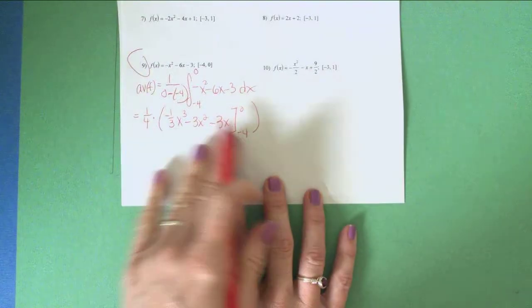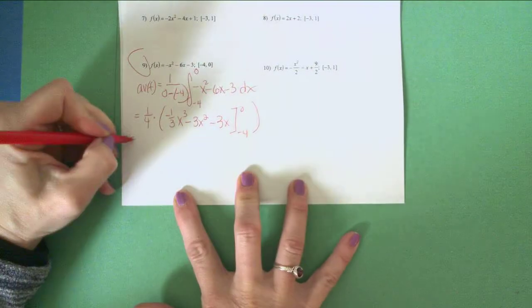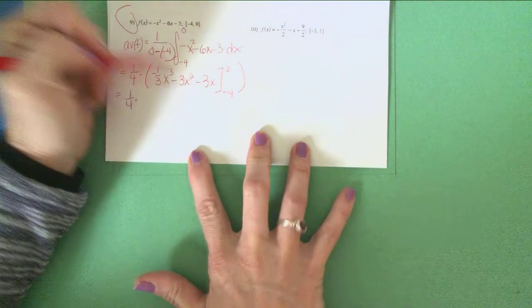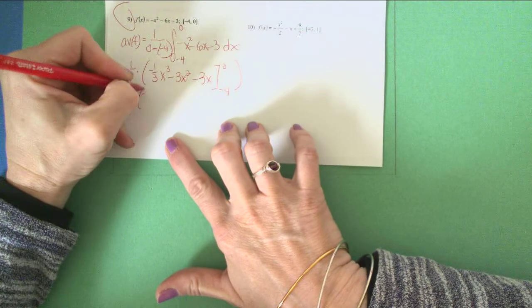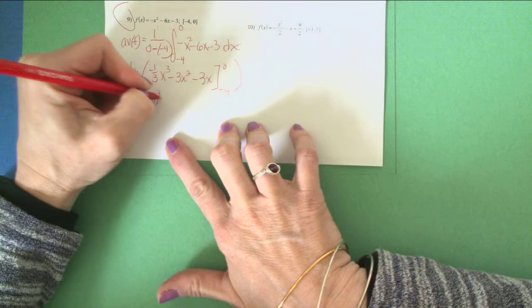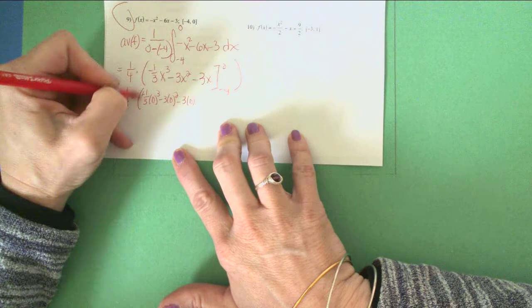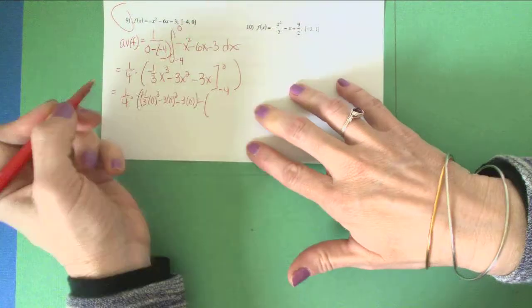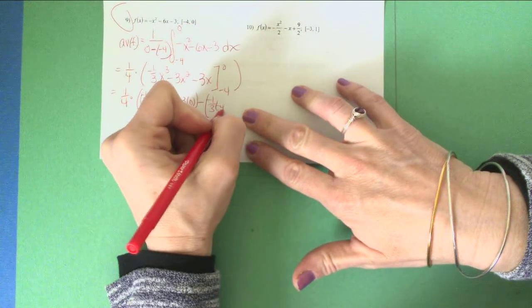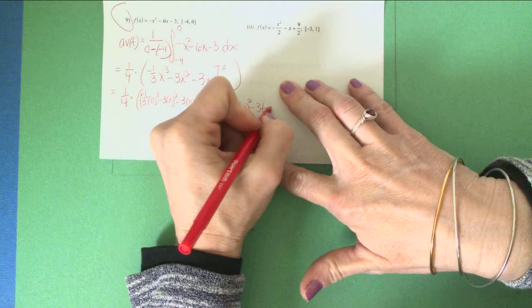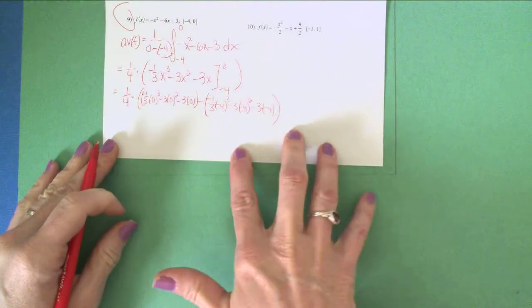And then keep that 1/4. You're going to plug your 0 in. So you'll have negative 1/3 times 0 cubed minus 3 times 0 squared minus 3 times 0 minus negative 1/3 times negative 4 cubed minus 3 times negative 4 squared minus 3 times negative 4, which will give us 1/4 times.